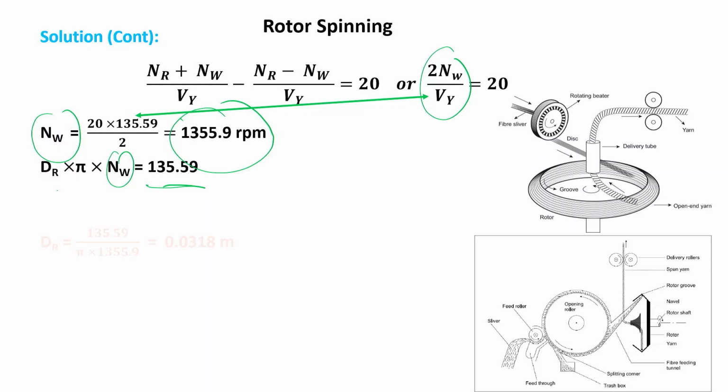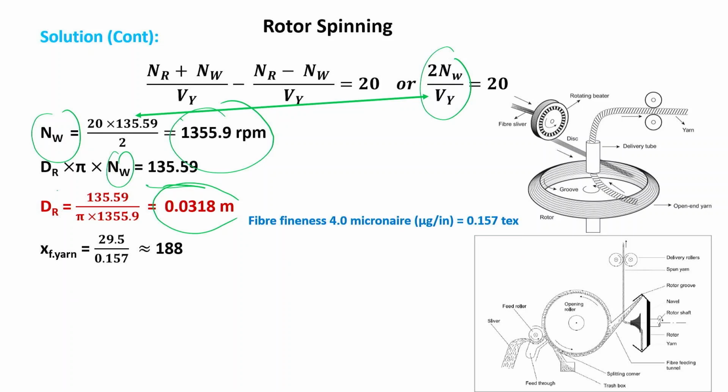From there we can calculate the rotor diameter, and rotor diameter is 0.0318 meter, okay, that is typically 31.8 millimeter.